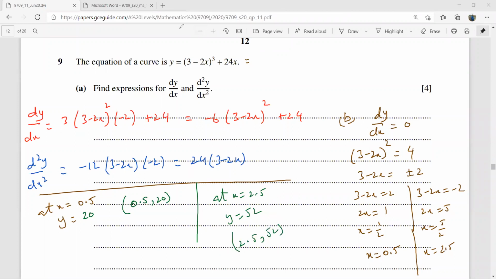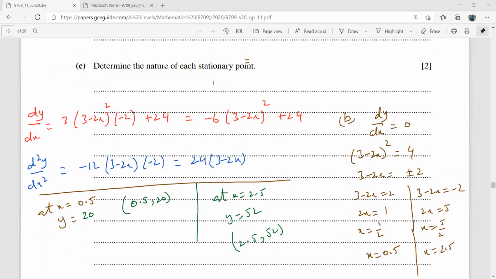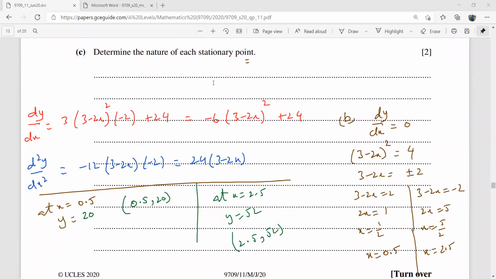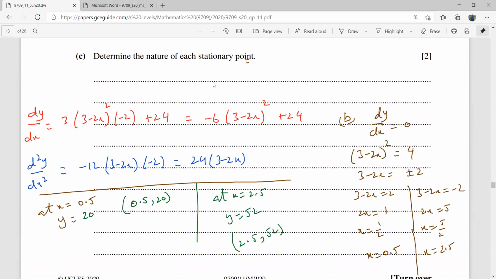And in the very last part it says determine the nature. Determine the nature of each of the stationary points. So for that, I'm doing the last part here. At x equal to 0.5, here is your second derivative.